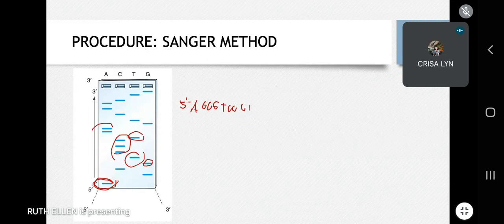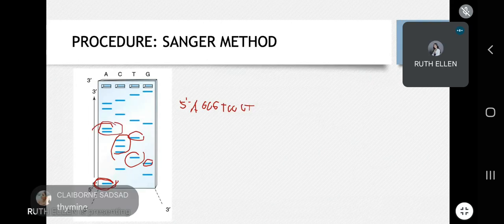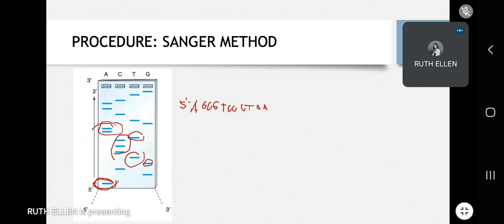Next, thymine. Okay, thymine. Then next, adenine, 2 adenine. Next, guanine, thymine, cytosine, adenine, 2 adenine.